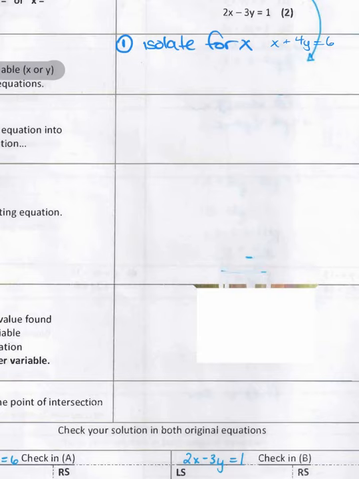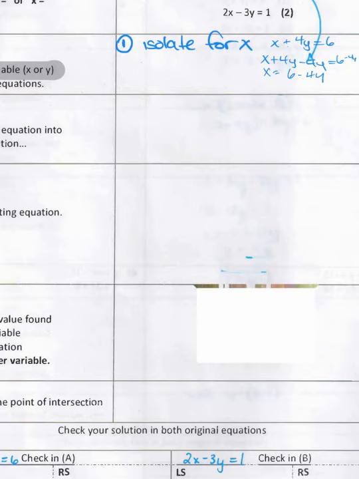I have plus 4y, and the way that I move plus 4y to the other side is to subtract it. And if I subtract it from one side, I have to subtract it from the other. 4y minus 4y leaves me with x, and this is going to equal 6 minus 4y. Okay, so I've just isolated.